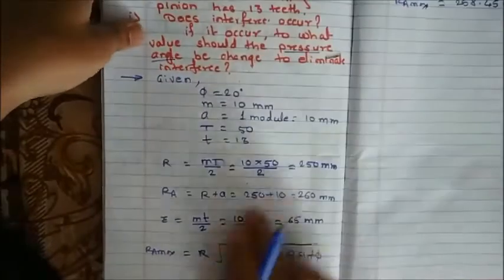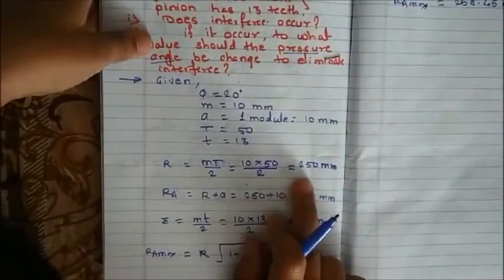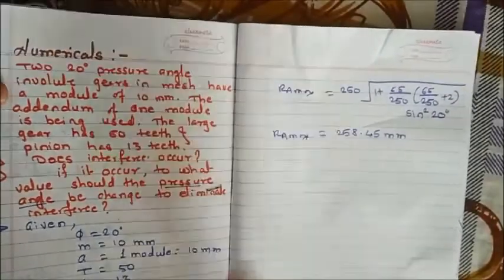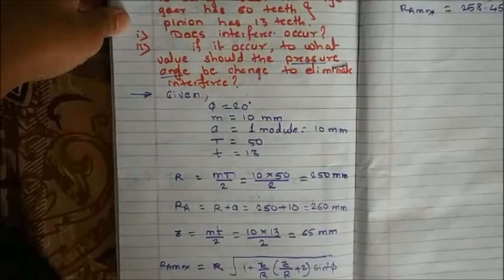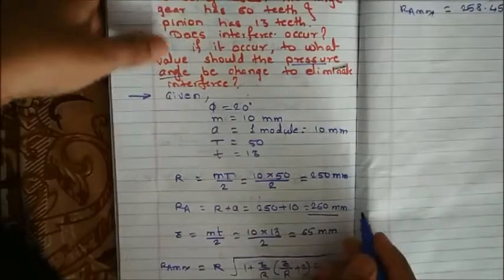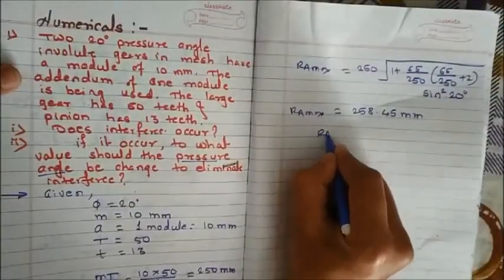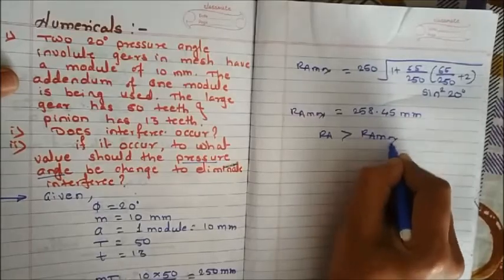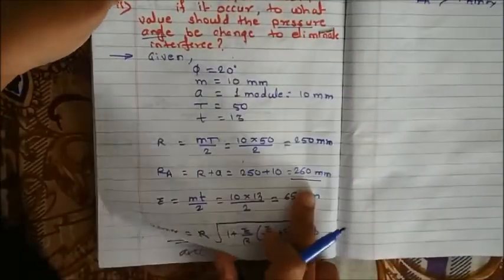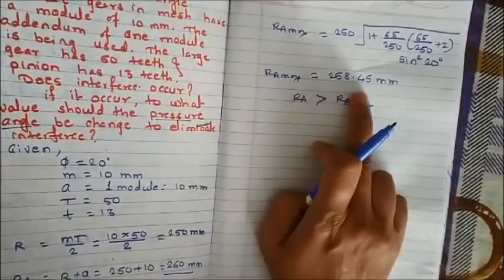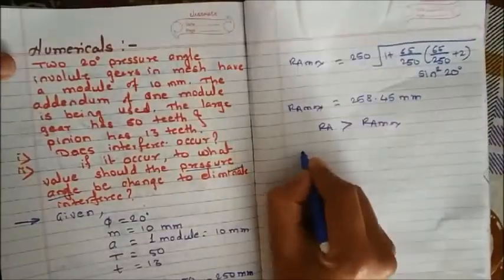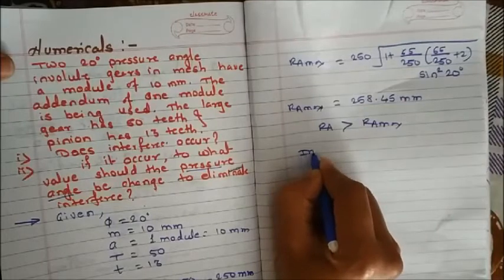Now we have RA, sorry, RA is 260 mm and RA max is 258.45 mm. So RA is greater than RA max, because RA is 260 and RA max is 258. It means interference occurs.